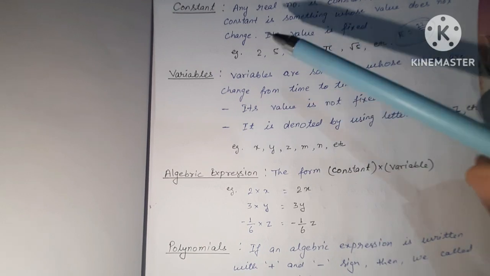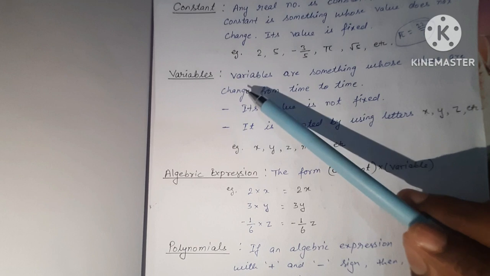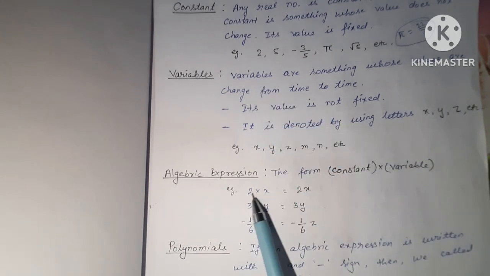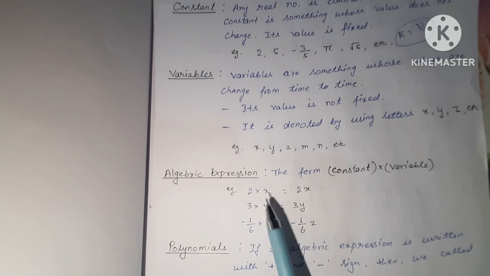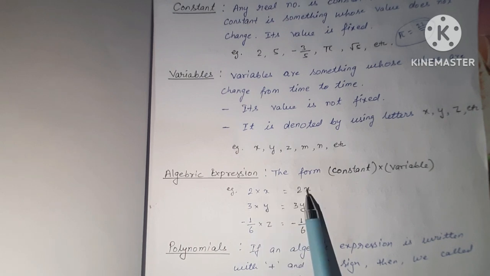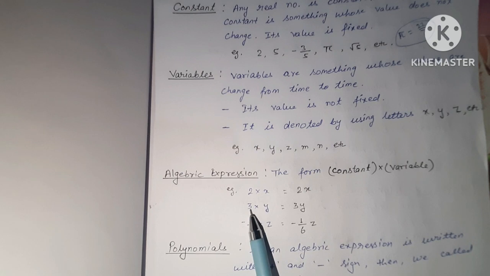If we multiply both the constant and variable at a time, like 2 into x, 2 is constant, x is variable, so we got 2x. Similarly, if we multiply 3 into y, we got 3y.